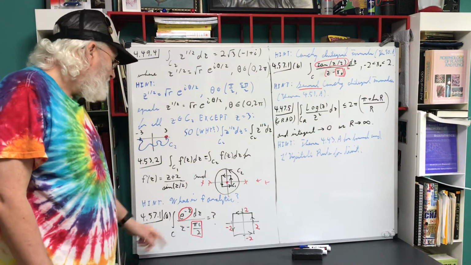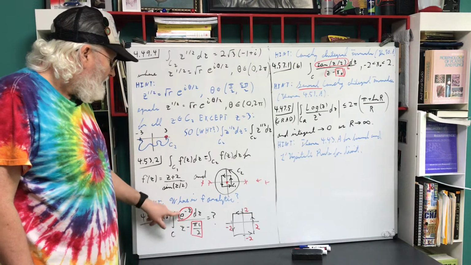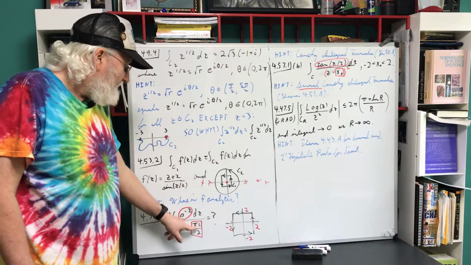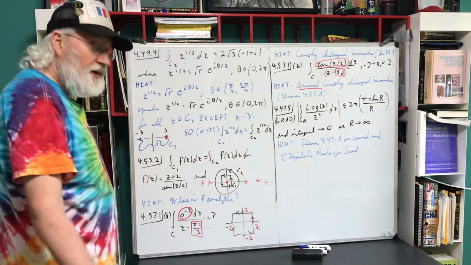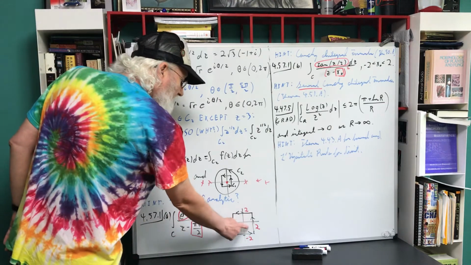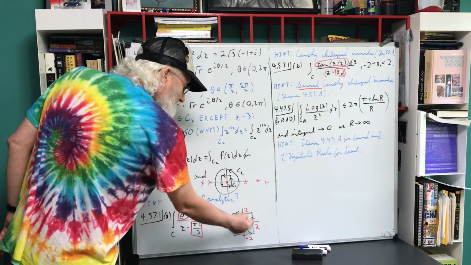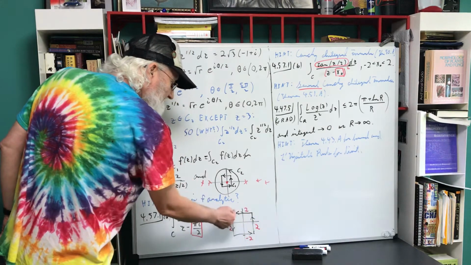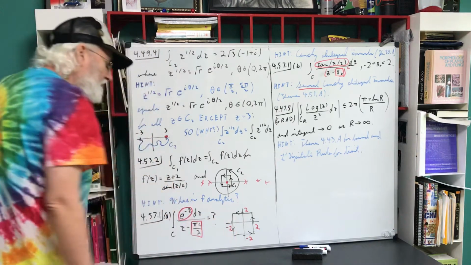57.1, part A, says, what's the integral over C of e to the negative z over z minus pi i over 2? You're integrating about a square that runs from x equals 2, y equals 2, to x equals negative 2, y equals negative 2 as drawn here.